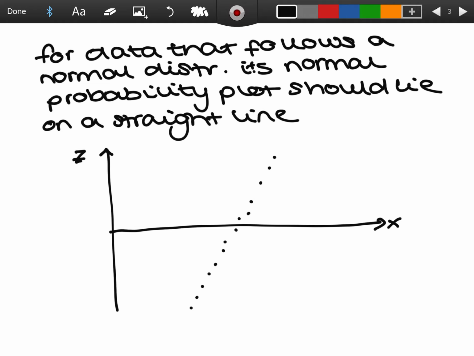You may have one or two points that are slightly off, but for the most part they should lie in a straight line, where you've plotted each of your data points x against their z-scores.